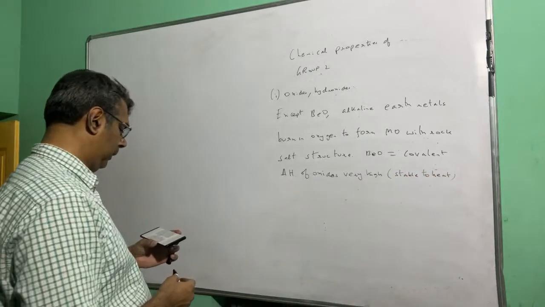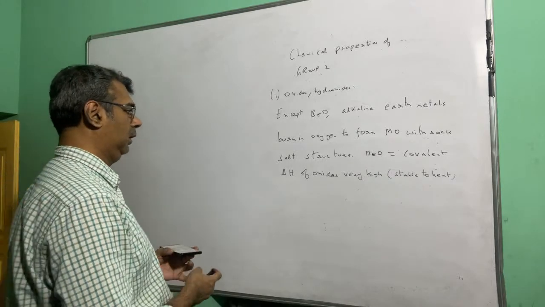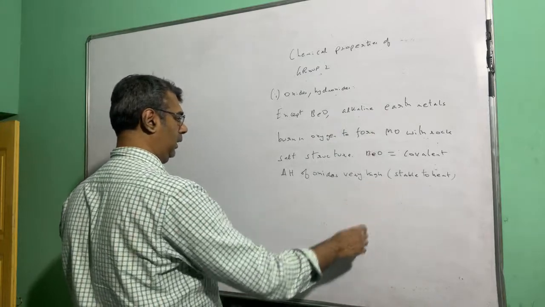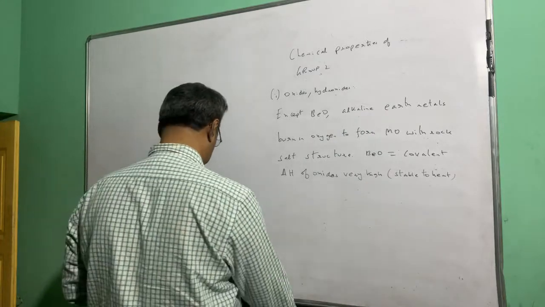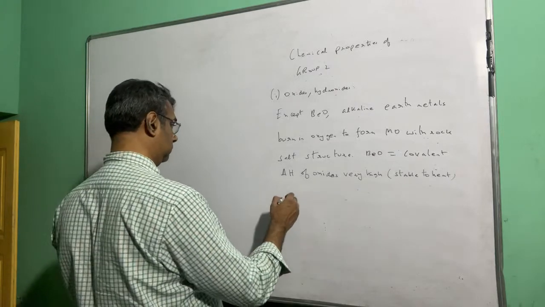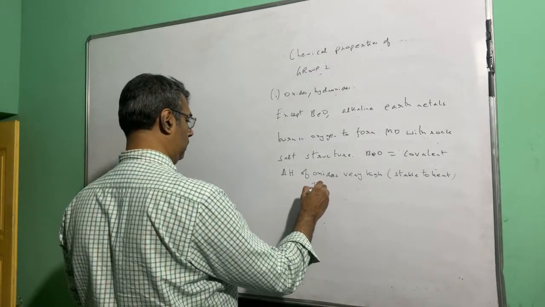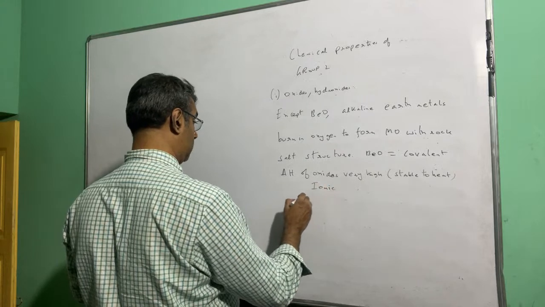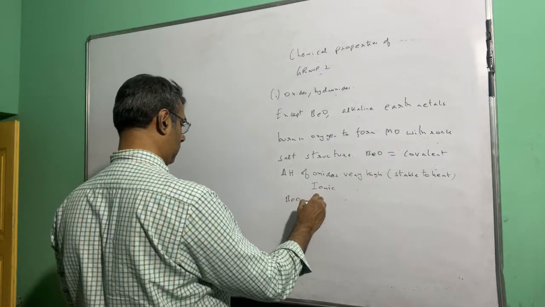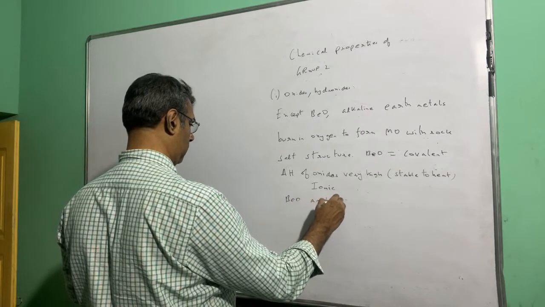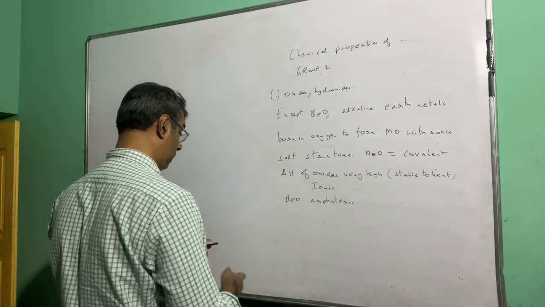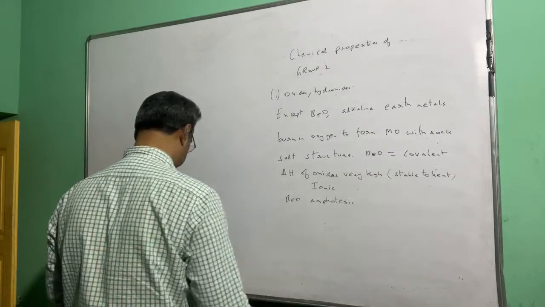The enthalpy of formation of the oxides is very high. That means they are stable to heat, and these oxides are ionic, and beryllium oxide is amphoteric.